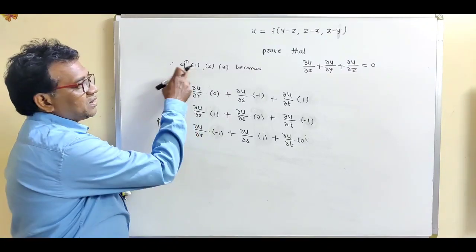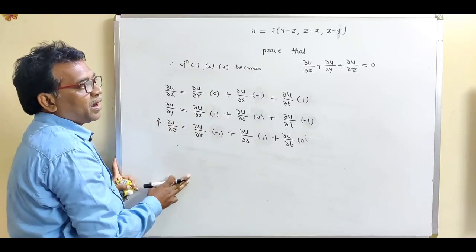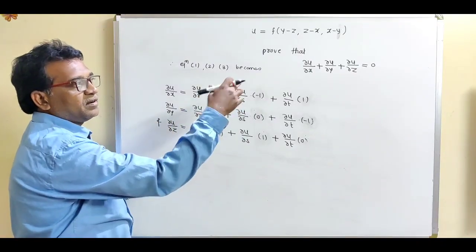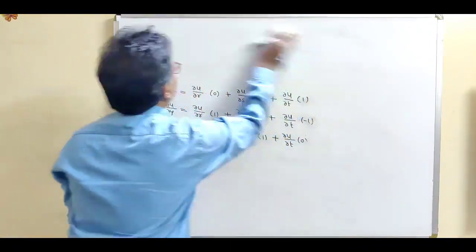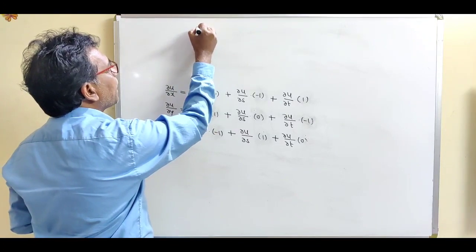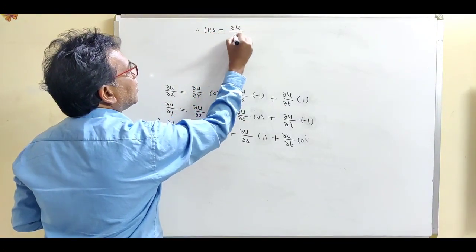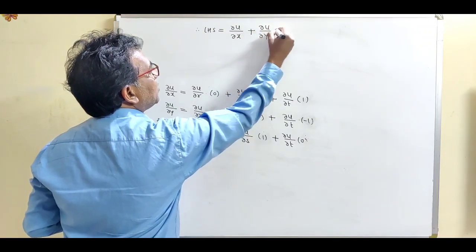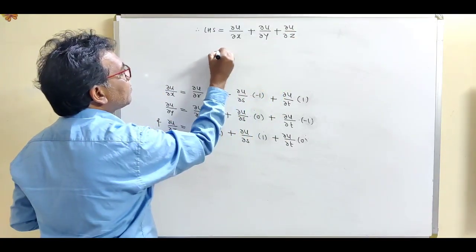So we have these 3 partial derivatives ∂u/∂x, ∂u/∂y and ∂u/∂z. Obviously they are present on the left hand side, so let us consider this LHS. Therefore LHS is equal to ∂u/∂x plus ∂u/∂y plus ∂u/∂z.